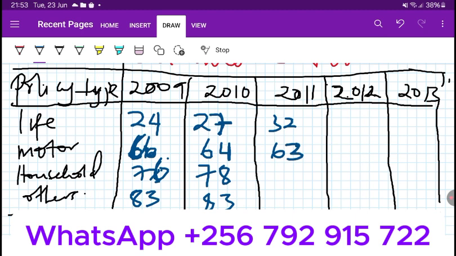Then 63 plus 21 gives us 84. I had added wrongly earlier. So use a calculator when you're adding some of these things.